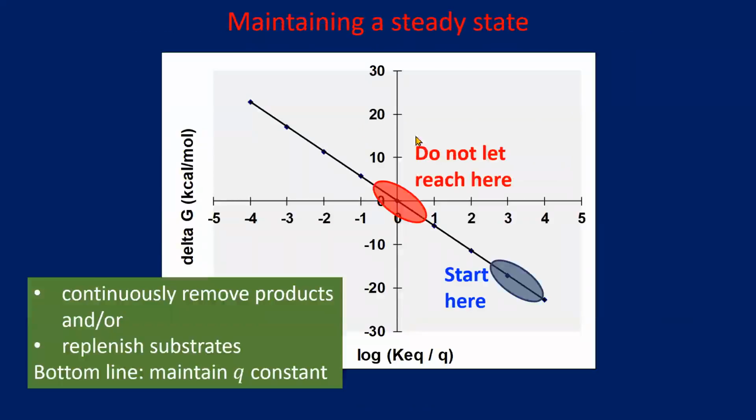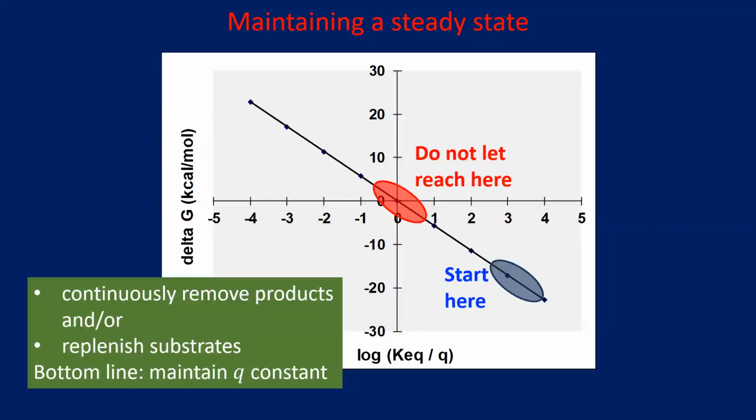If you have to be in this quadrant, then the cell has to continuously remove the product, or replenish the substrate.